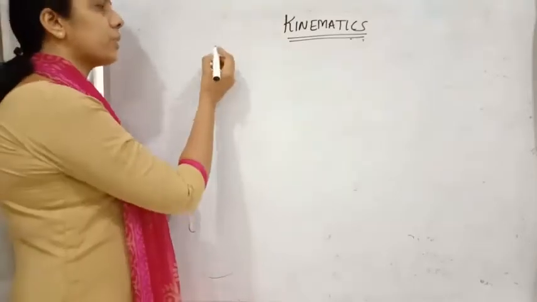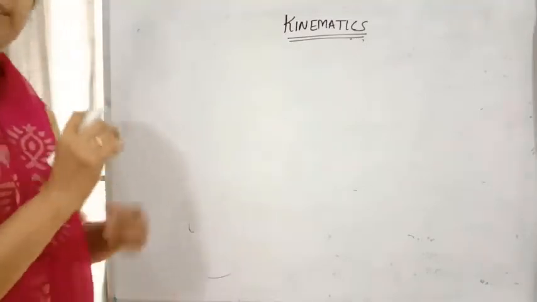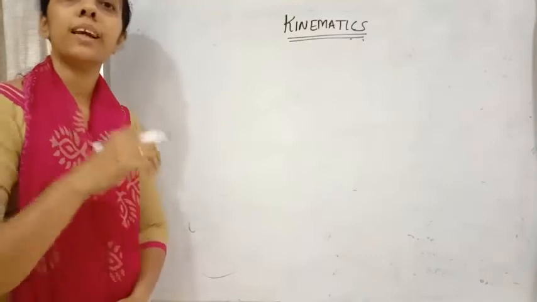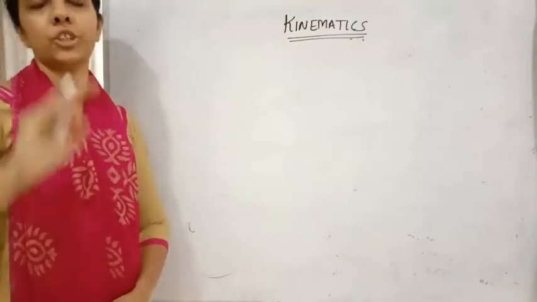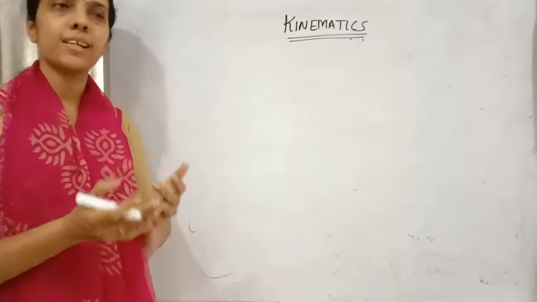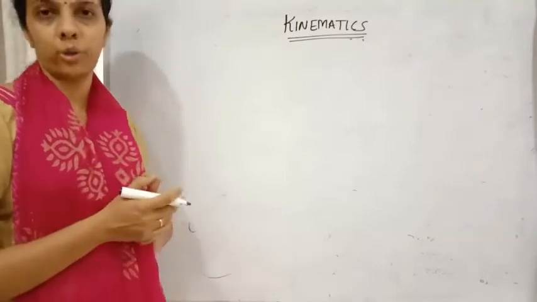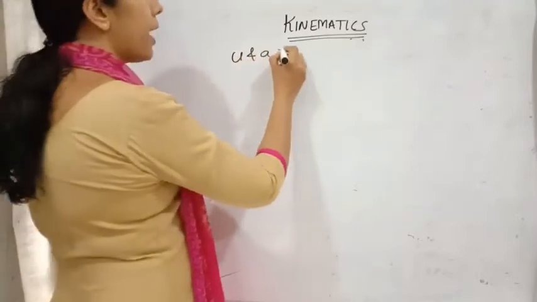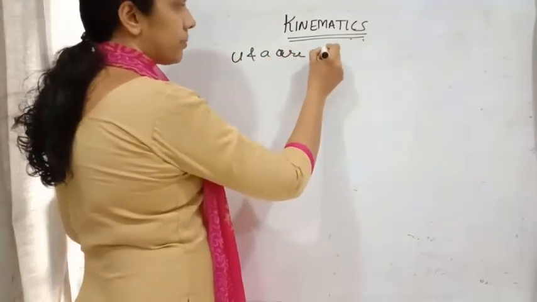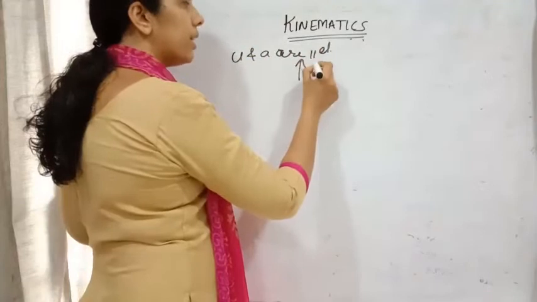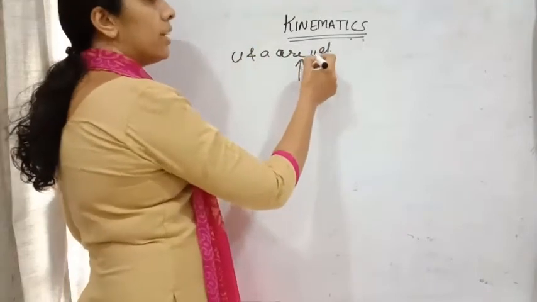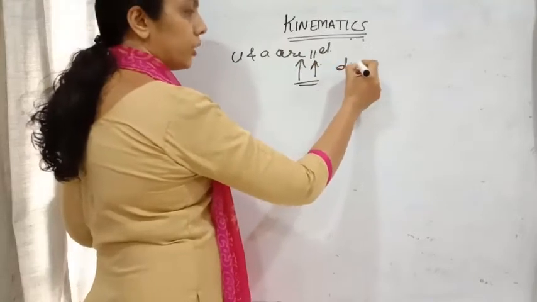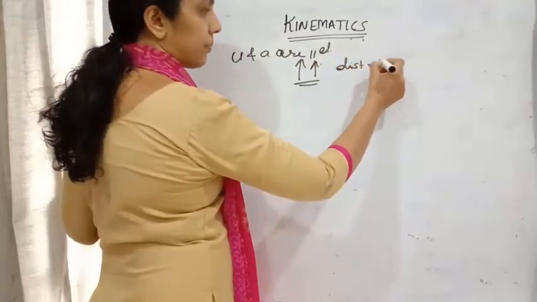So next we are going to study the difference between distance and displacement, when we are considering an object which is moving in the upward direction and downward direction, whether distance and displacement will be equal or not. See, if u and a are parallel to each other, both are in the same direction, then distance will be equal to displacement.